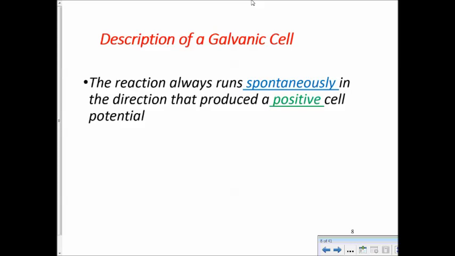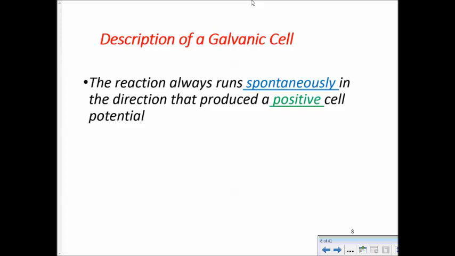When it's spontaneous, that means when you add the 2 half reactions together, their standard reduction potentials, flip the one to get the standard oxidation potential, add them together and you get a positive cell potential, then it's going to run spontaneously. You don't need to do anything to it.